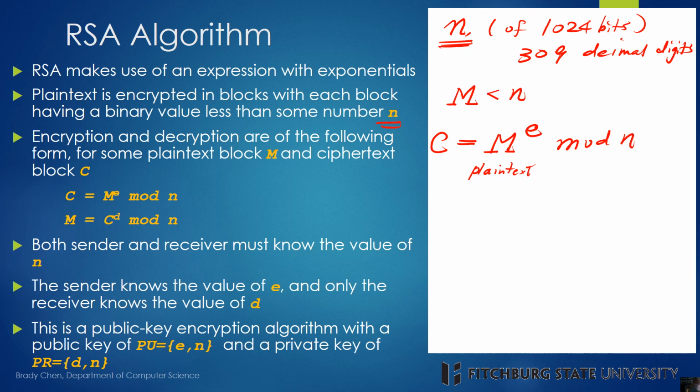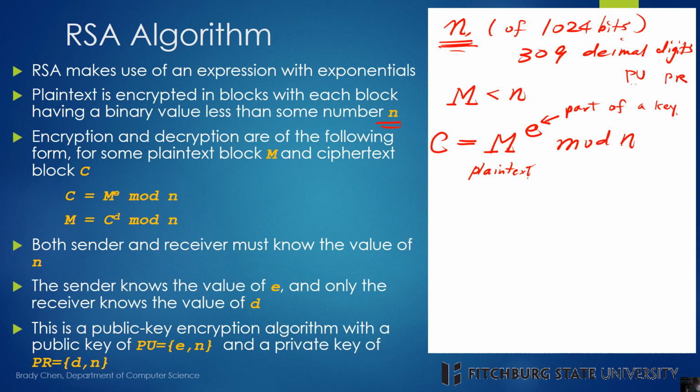M is the plain text, N is the huge number we select, and E is part of a key. It could be part of the public key or part of the private key. Remember, in a public key encryption algorithm, we have two keys: one is the public key, the other one is the private key. E should be part of the public key or the private key, depending on the scenario.